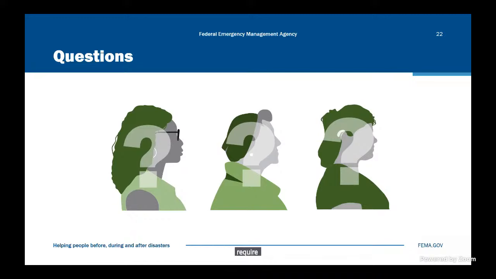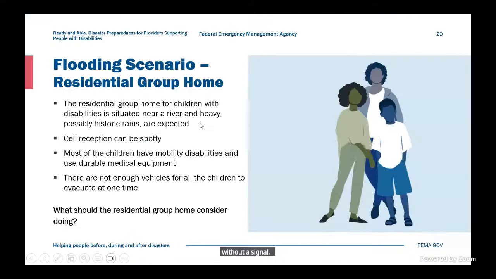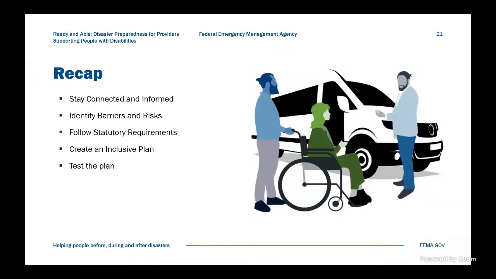I skipped the recap, so I'm going to keep the recap really short. I hope you've learned from this training that emergency preparedness involves a lot of people. It includes the care recipient, you, providers, family members, local emergency management agencies, first responders, and maybe even neighbors.